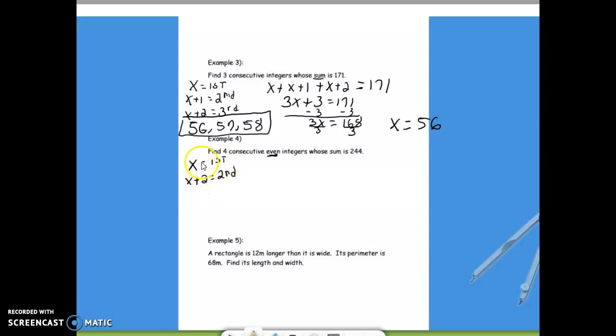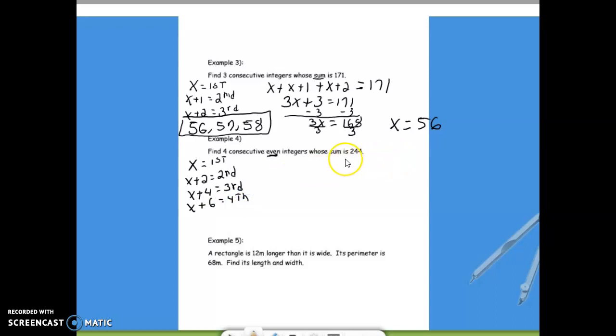Now, if I wanted to get to my third integer from the first one, then I would do x plus, well, if that's 10, 12, 14, I would add 4. Again, I don't know what it is yet. And then the next integer, because there's 4 of them, would be x plus 6, right? That would be my fourth one.